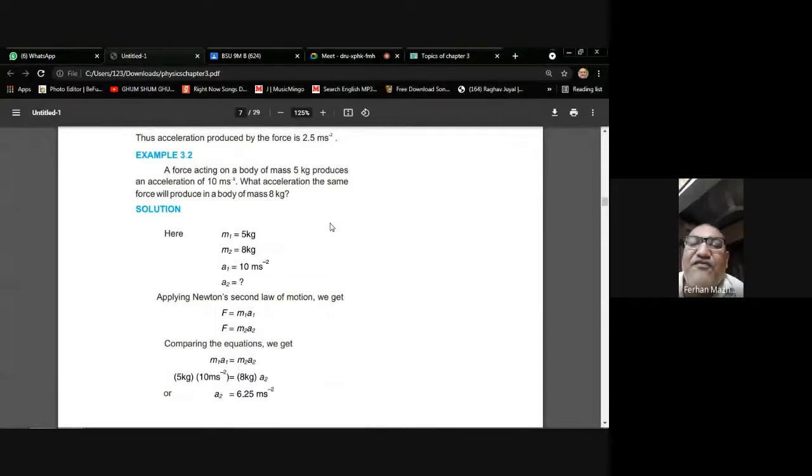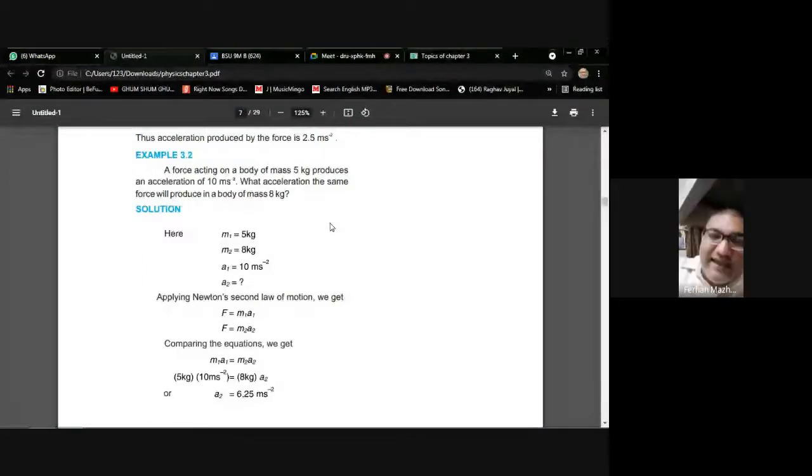He says a force acting on a body of mass 5 kg produces an acceleration of 10 meter per second square. What acceleration will the same force produce in a body of mass 8 kg? So there are two cases.